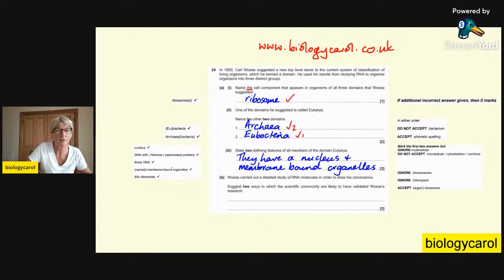So I got mark 1 and I got mark 4. The others are obviously true, but those two seem the most obvious, the ones that I was most sure would be the right answer. Woese carried out a detailed study of RNA molecules in order to draw his conclusions. Suggest two ways in which the scientific community are likely to have validated Woese's research.